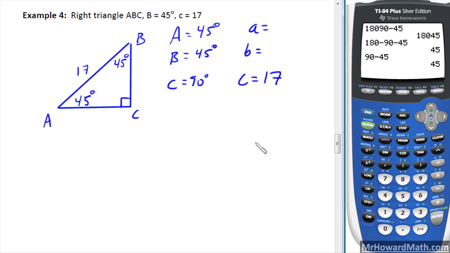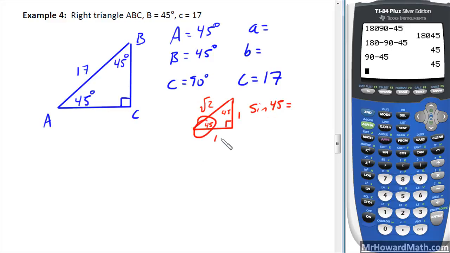Now, if we apply our special right triangle here, we'll just make a quick little sketch of that to refresh your memory. So in our 45, 45, 90 triangle, our sides were 1, 1, and square root of 2, like this. So now we can recall that, for example, sine of 45 degrees was equal to the opposite.